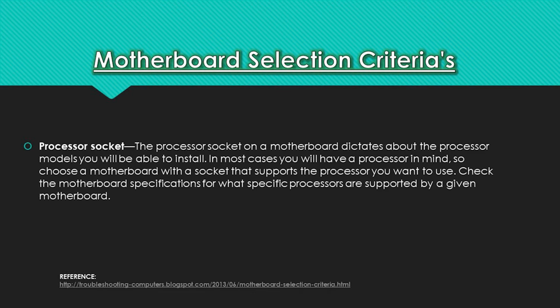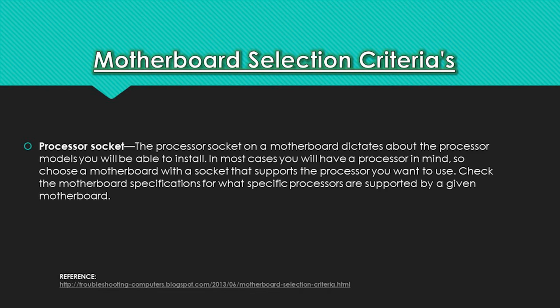So when selecting a motherboard, it is very important to determine the processor socket. The processor socket of the motherboard dictates the processor model you will be able to install.